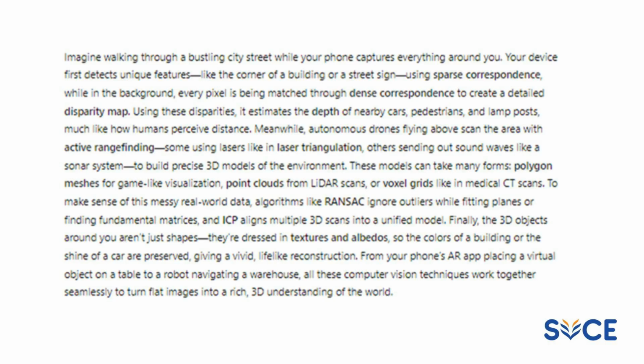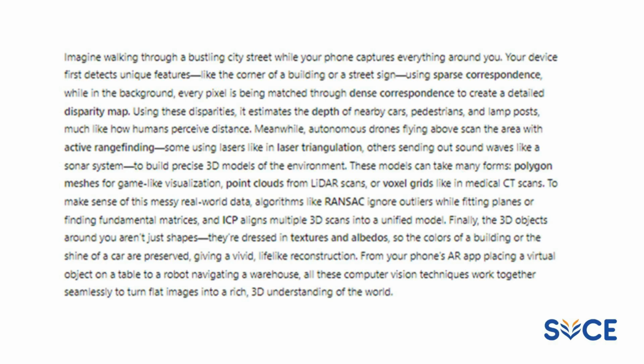But the raw data is messy. That's why smart algorithms step in. RANSAC helps ignore the bad points and find the real pattern. ICP takes scans from different angles and pieces them together like a puzzle. Finally, the 3D world is not just made of shapes.